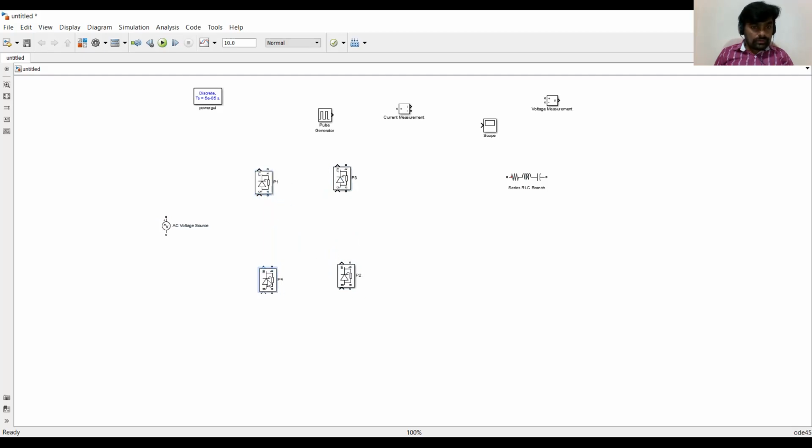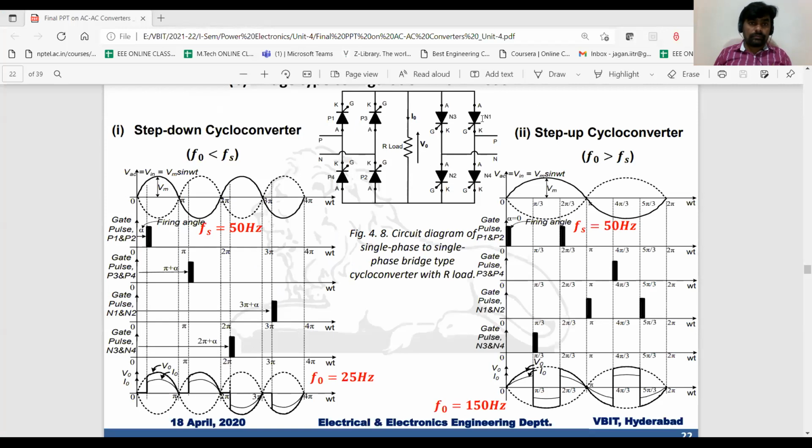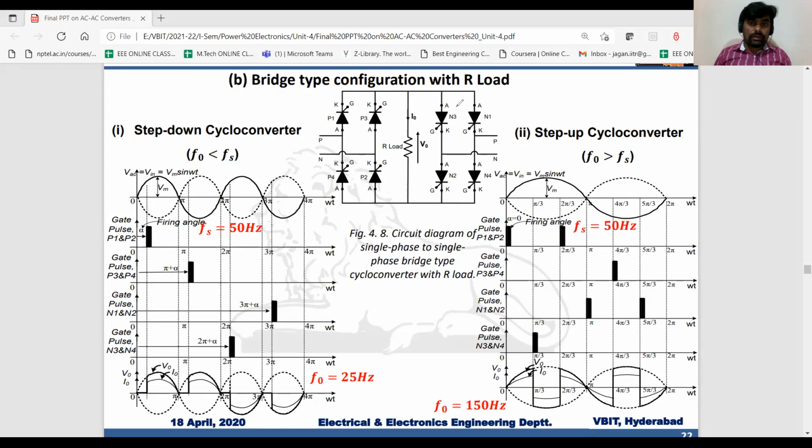Right. So now I will connect them to form a bridge. Same thing you can see here. P1, P3, P4, P2. Similarly, you can see 4 more thyristors like N3, N1, N2, N4.